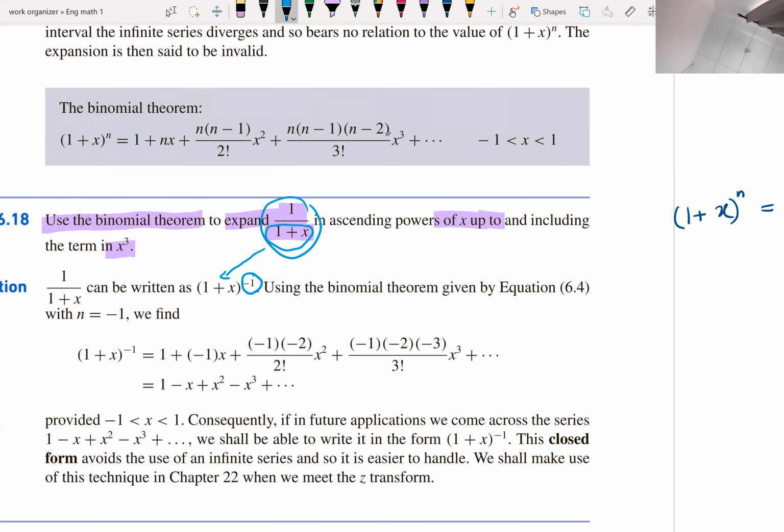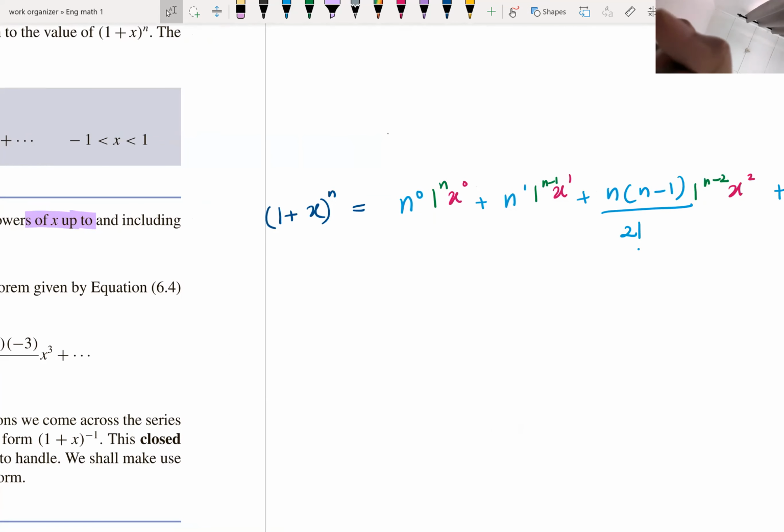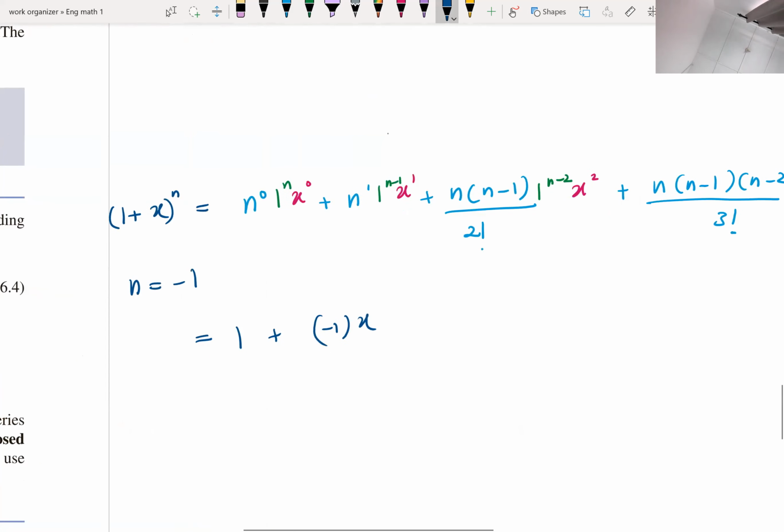So here n is -1, and here is -1. So we just write down: 1, plus -1 times x, and then -1, -2 over 2 x to the power of 2.